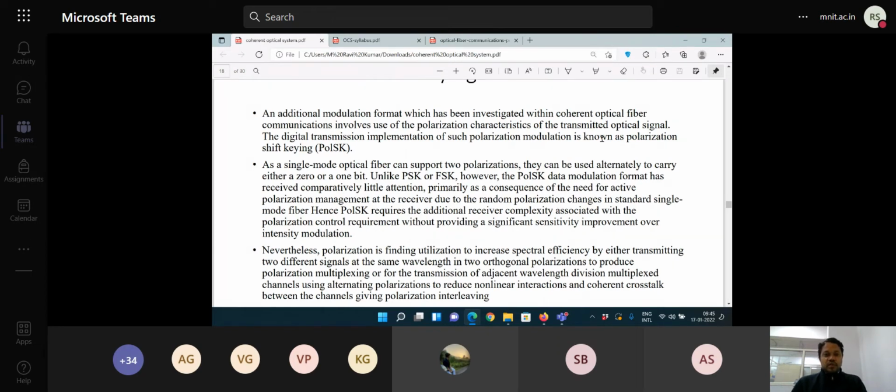So, in a standard fiber, usually it is observed that two different polarizations are supported in a single mode optical fiber. So, the two different polarizations can be used separately to carry either a 0 or a 1 bit.